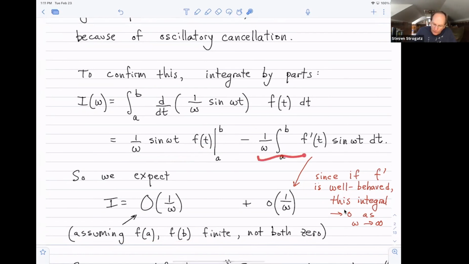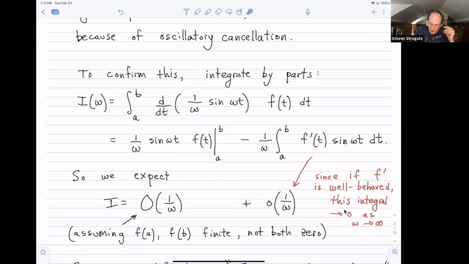And this term will be strictly smaller asymptotically because it already has this prefactor of 1 over omega. But we expect this integral itself to be small when omega is large by the same kind of reasoning that I just gave, that it'll be all chopped up by the fast oscillations of sine omega t. So this will be correct if this function f prime of t is itself well behaved.